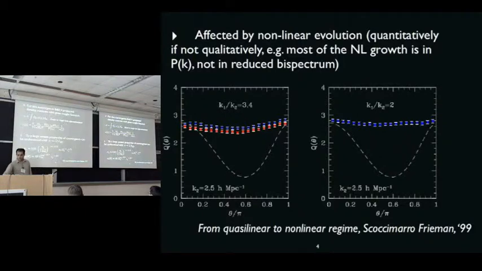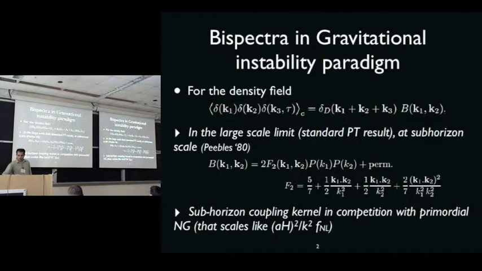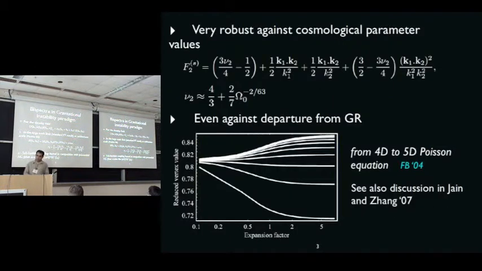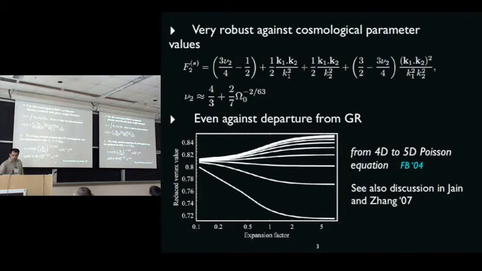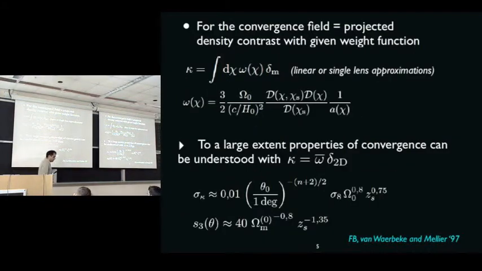So in other words, this relation between B and P takes roughly the same shape, with this function which is weakly changing with time.